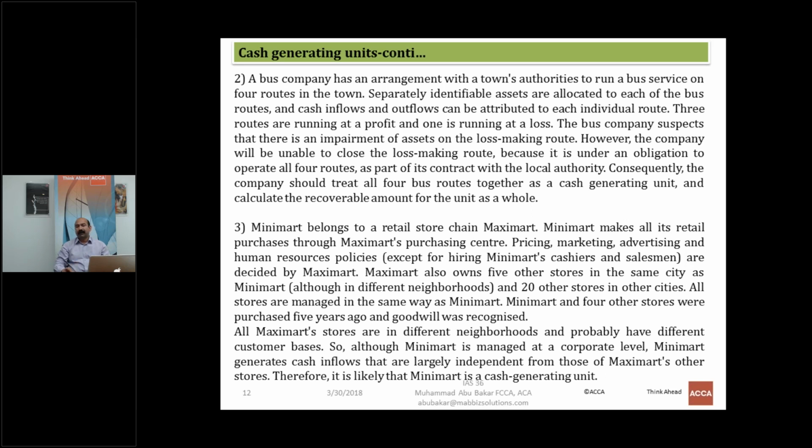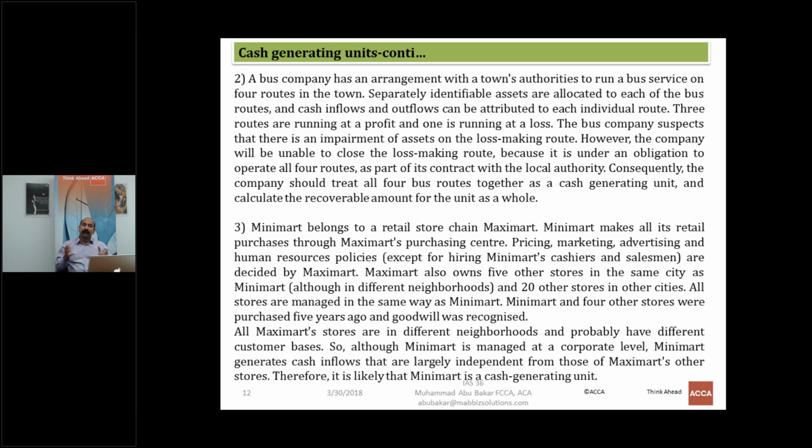See, how you are managing those stores internally is not important. The important thing is cash flows, significant cash flows. If you have store one in one area, another in area 2, third one in area 3, you advertise all these stores as a whole. But in fact, each store has a customer base which is largely independent.